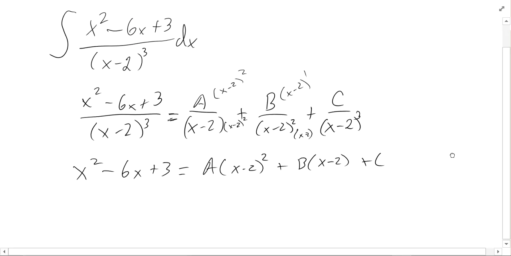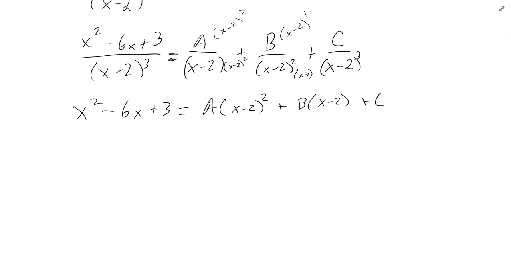So rather than equating the coefficients like I did last time, I want these to be true for every single value of x. What I can do is pick values of x and see what the result is. A really nice one to use, particularly in this case, is to ask what happens if x is equal to 2.